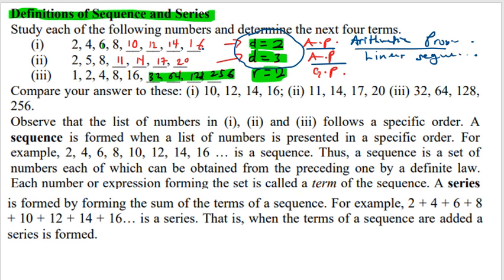Then anytime you have a sequence with a common ratio, that sequence is a geometric progression, or we call it an exponential sequence. So it means that I and II are arithmetic progressions, whereas the last one, III, is an exponential sequence or a geometric progression.